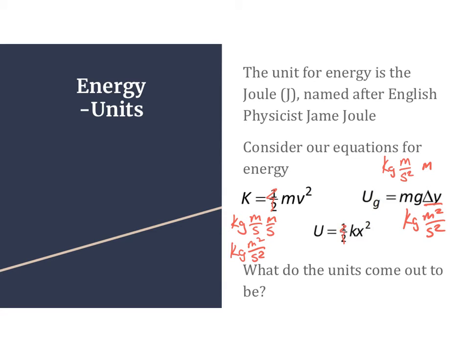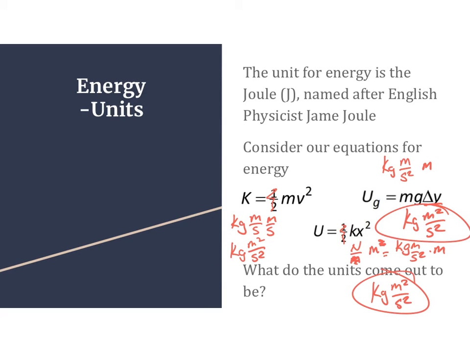Again, 1/2 is dimensionless. So we have k, which is newtons per meter, and x squared, which is meters squared. The kilograms cancel out here, and the meters cancel out here. We can expand newtons to kilograms times meters per second squared, times meters. And so our units for elastic potential are kilograms times meters squared per second squared.